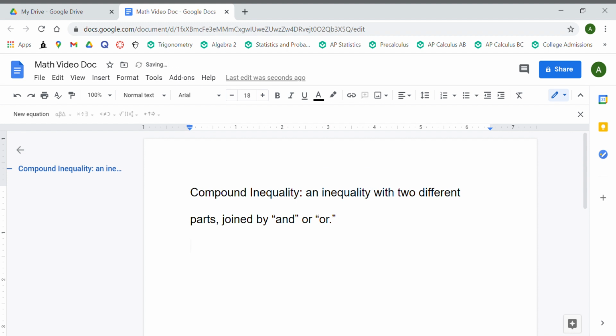Alright, so here's an example of what a compound inequality looks like. Notice that it's got 2 arrows pointing in the same direction. It's got 2 different constants on the sides, and x is in the middle. This would be an example of what we call an and inequality. It could also look something like this.